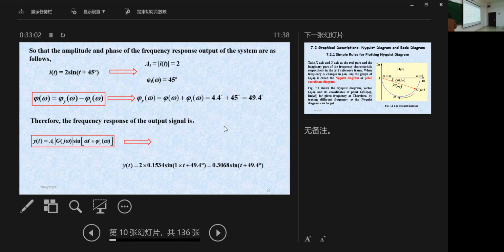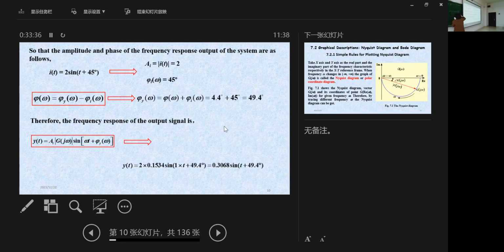Okay, then for this circuit, Ui is the input, Uo is the output, right? How many inputs can you write down? First, Ui equals what? R times what? L times what?